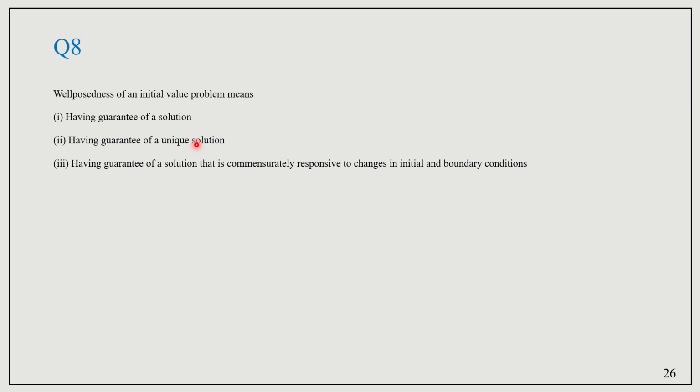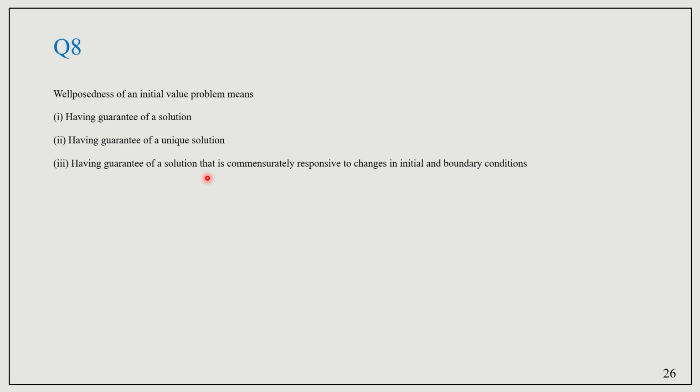Normally, if there are multiple solutions, then it won't be a properly defined problem statement. We would have missed something, or something else is missing, or too much information has been given, something like that. So those things also come into the picture. So having guarantee of a unique solution is true.